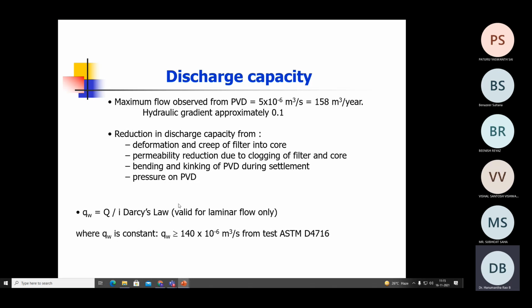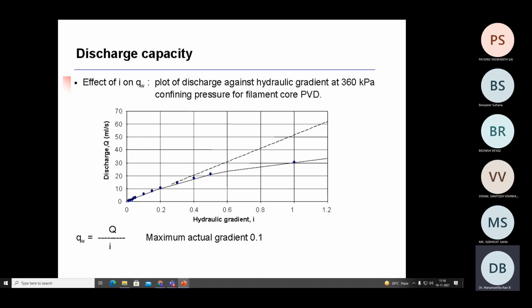So there are some formulas. The discharge capacity is measured as the total discharge by the hydraulic gradient that is maintained. And here the flow is very slow, so the discharge is valid under laminar condition only. And this is how the efficiency of the PVD is measured.